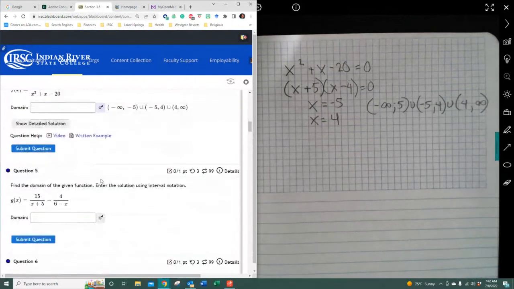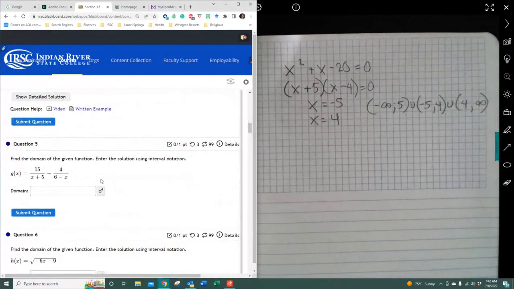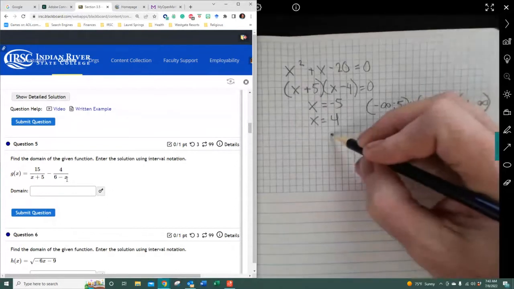Like I said, some of them are easier than others. Now, when you come up to this, find the domain, again, look at just the denominator. So x cannot equal -5, nor can it equal 6. And I'm done. I don't have to worry about anything else. So I'm just going to go ahead and write it.